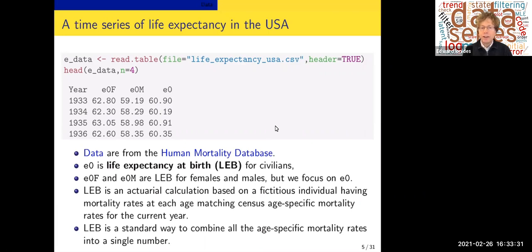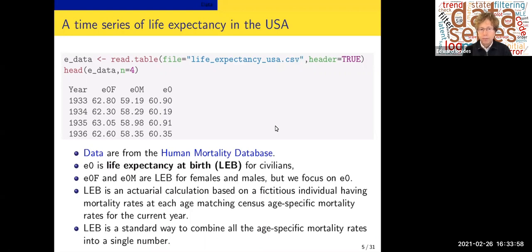So life expectancy at birth is not the expected duration of life of somebody born today. What it is, it's an actuarial calculation for a fictitious individual with mortality rates at each age matching current estimates of age-specific mortality for the current year.